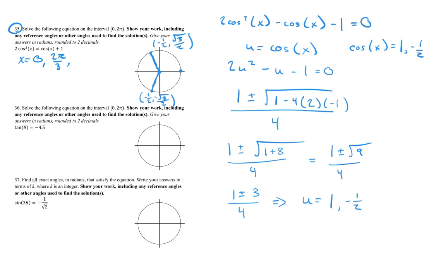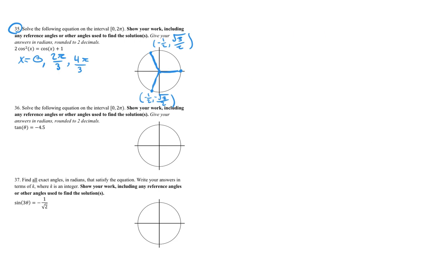So this is pi, and we go pi over 3 past that. So we'd have pi, or 3 pi over 3, plus this amount, so that's going to be 4 pi over 3. So these three here are all of our answers, which lines up with these three angles on the unit circle.